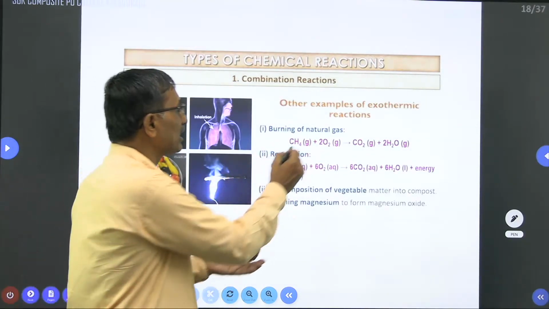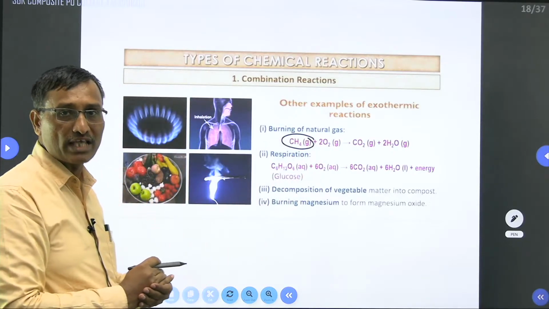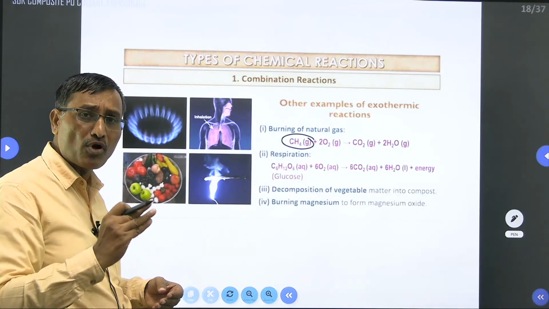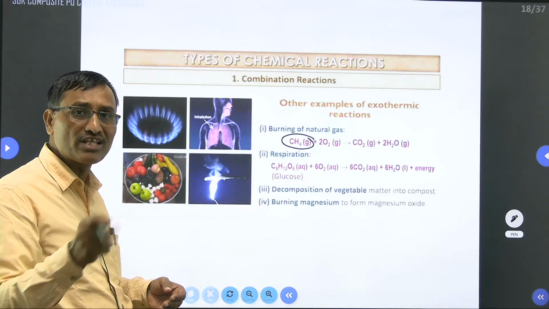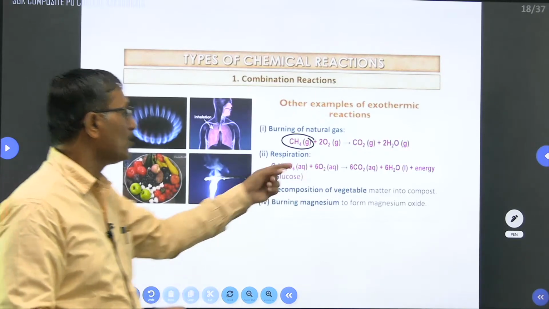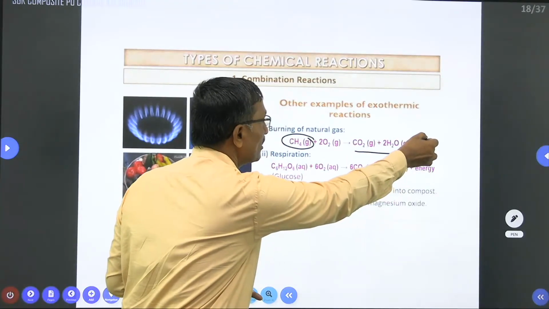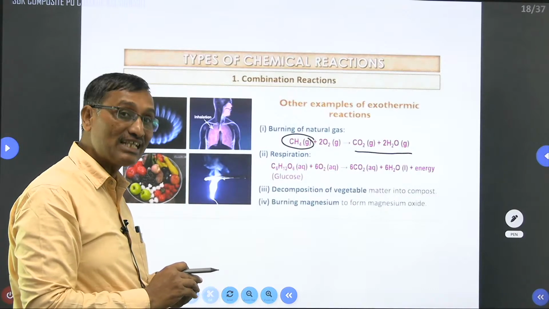Here it is given, burning of natural gas, methane, natural gas we can say. Even you know, methane is one of the important constituents of CNG, compressed natural gas. So in the presence of oxygen it gives rise to carbon dioxide plus water. Here even heat is released, energy is released.